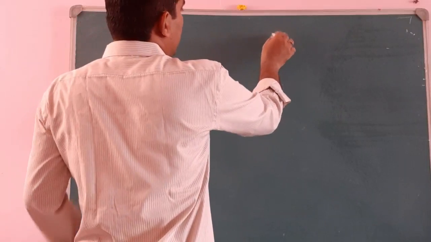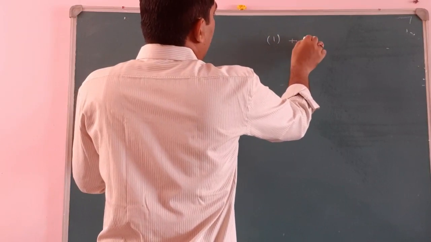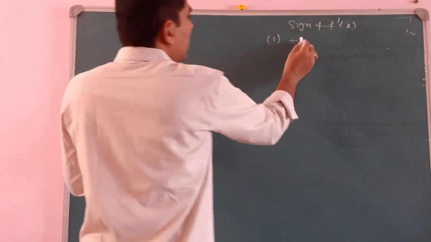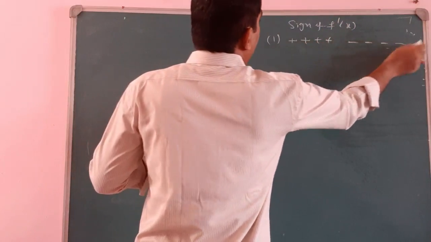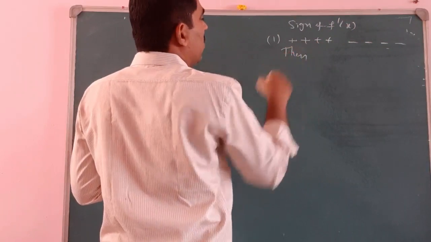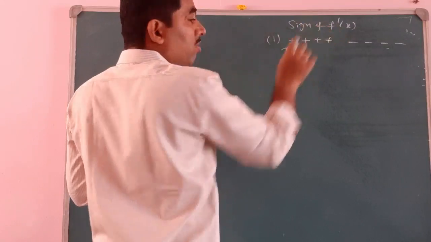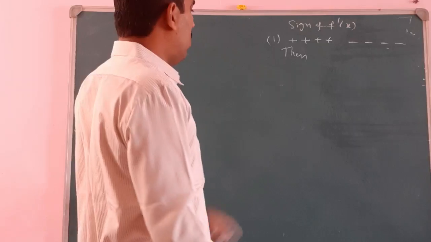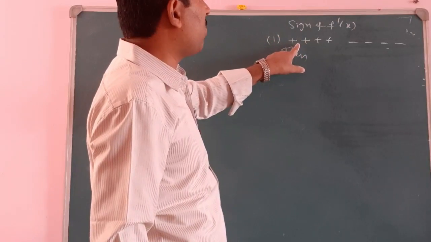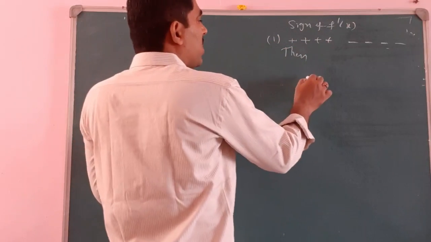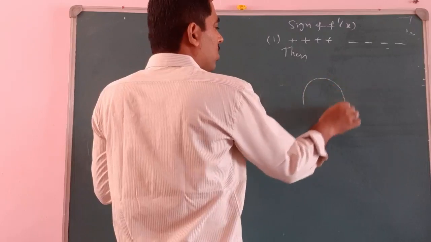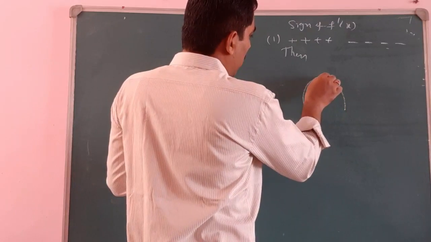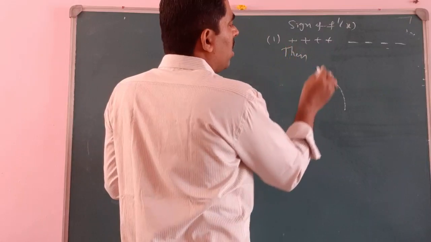Once again, let me repeat the first derivative test. If the sign of f dash x, the sign of the derivative, not the function, changes from positive to negative, that is the intersection shape, then we get a point called the point of local maxima.